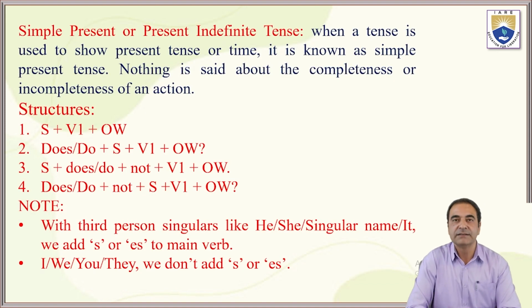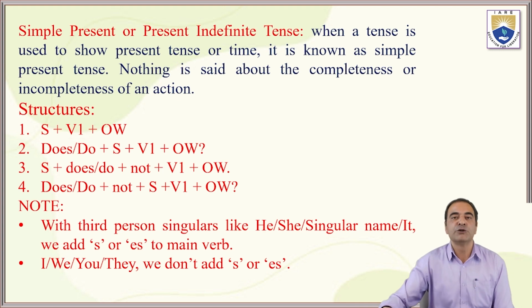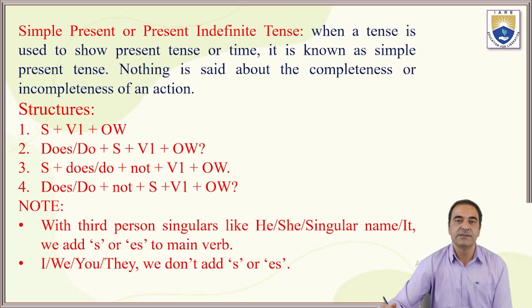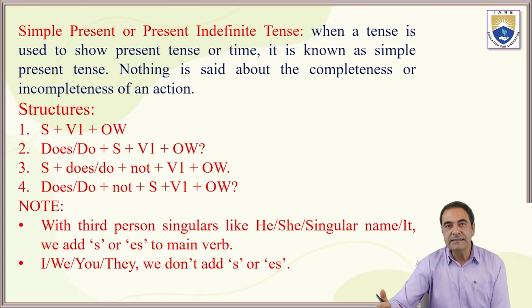Here we will take the first one, that is simple present or present indefinite tense. We will look at the definition of simple present. What is simple present? When a tense is used to show present tense or present time, it's known as simple present tense.